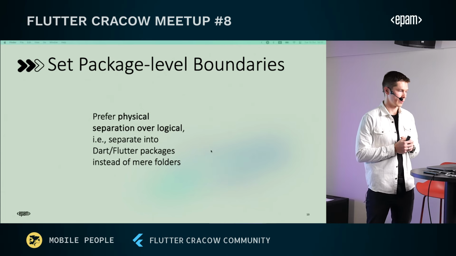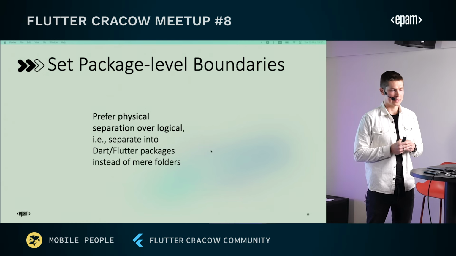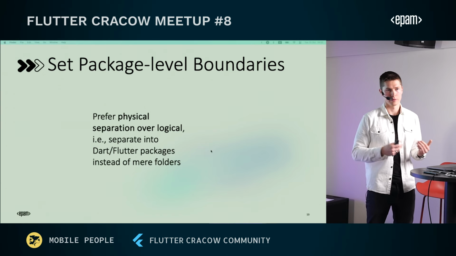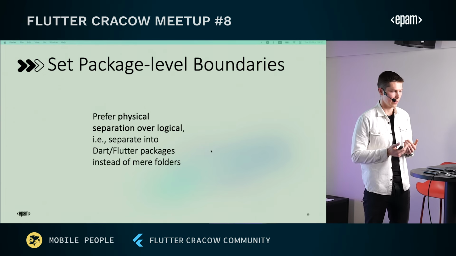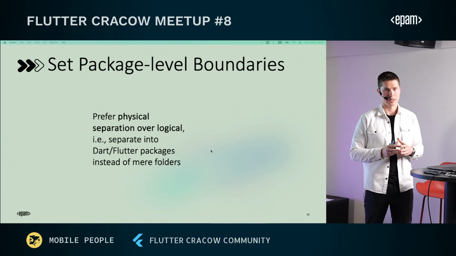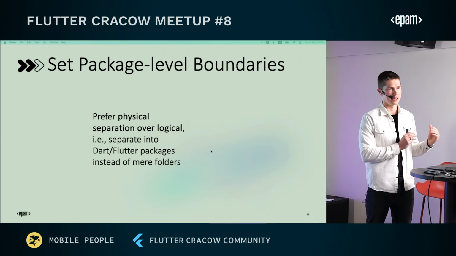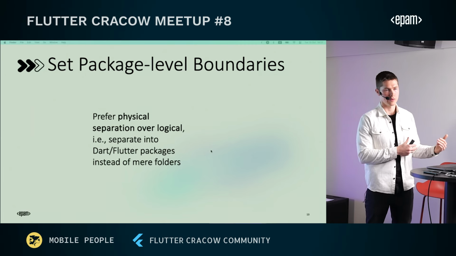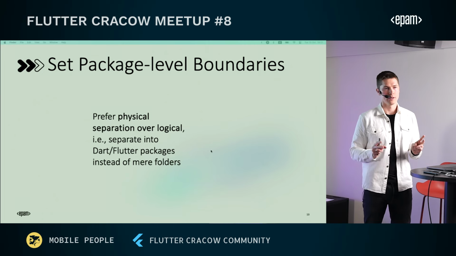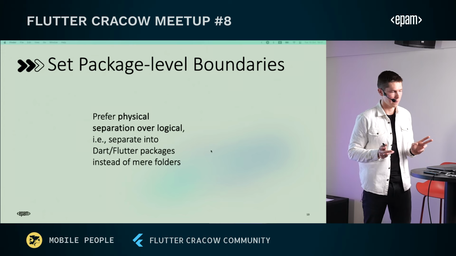So what I can recommend here, my firm belief is that you would benefit a lot if you prefer physical separation over logical separation. And what I mean by physical separation is that you'd better create physical Dart and Flutter packages inside your repository instead of having everything separated only by mere directories or folders.